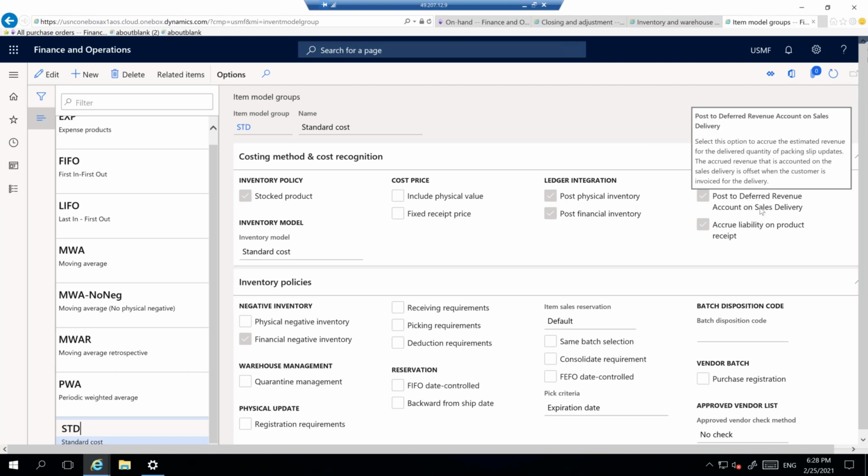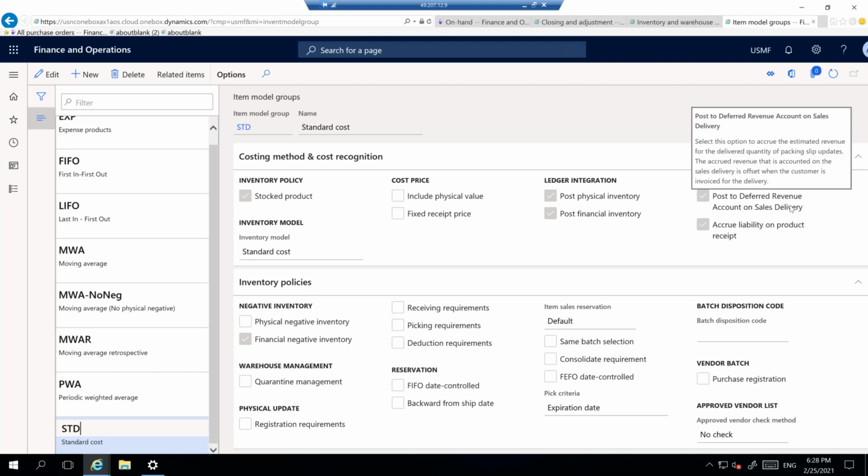Post to deferred revenue account on sales delivery. What this means is that the cost price you are updating in the system properly. Suppose you are purchasing the material and you are also manufacturing the material, both. Sometimes I'm purchasing, sometimes I'm manufacturing.